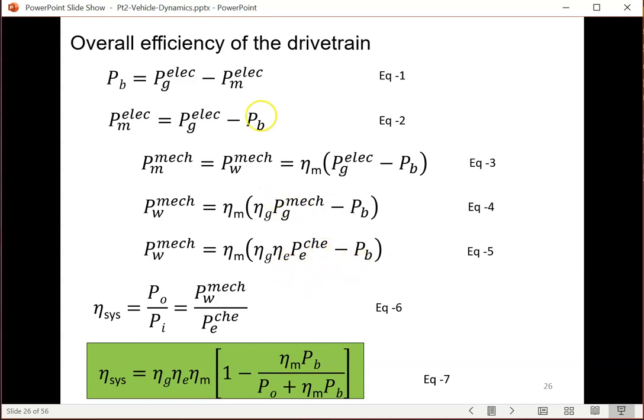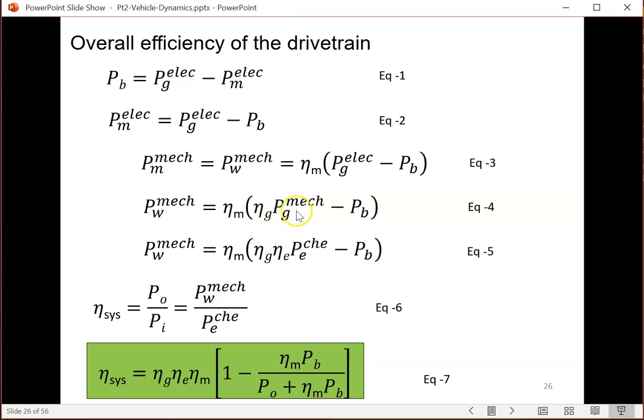I think this should be divided by... No, can't be right. Let me just have a look. No, it is correct. Sorry. Electrical power is the output of the generator, which should equal the input power of the generator, which is mechanical, times the efficiency factor.